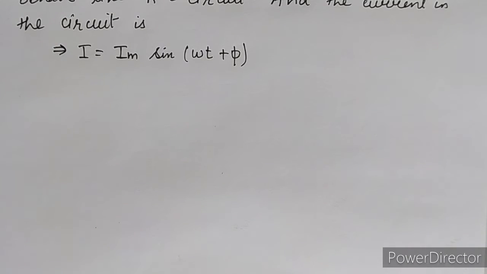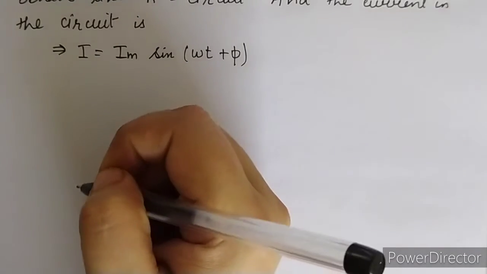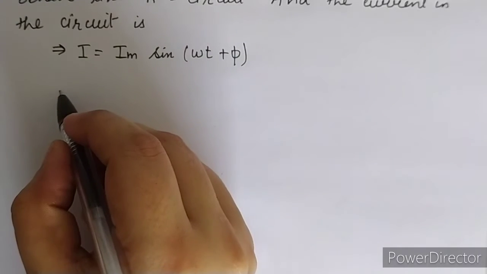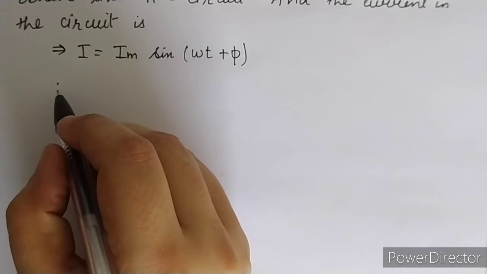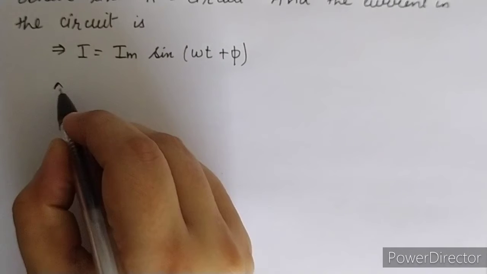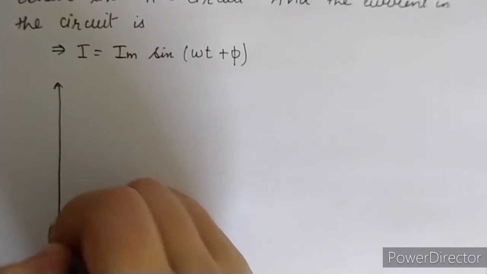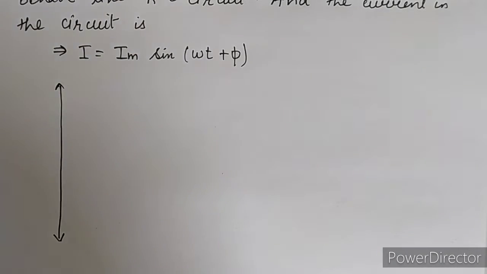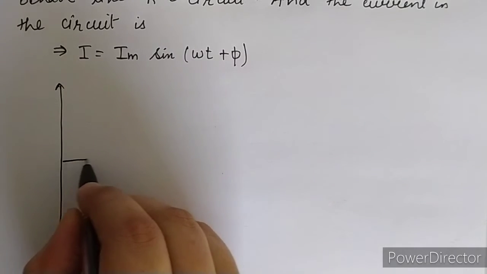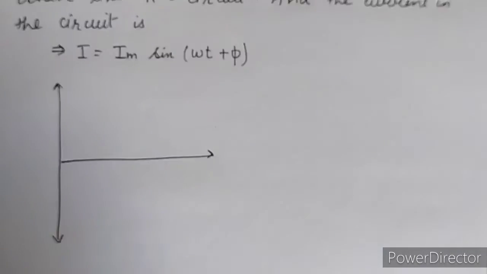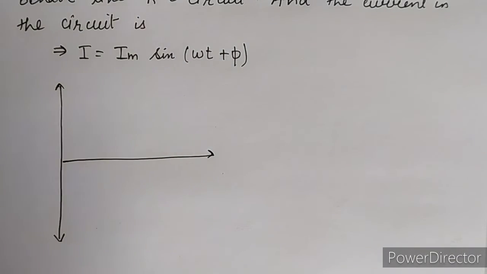Okay, clear? And if you want to plot the impedance diagram and the phasor diagram, the diagram will become like this. First of all, I am drawing the impedance diagram. So what does impedance mean?